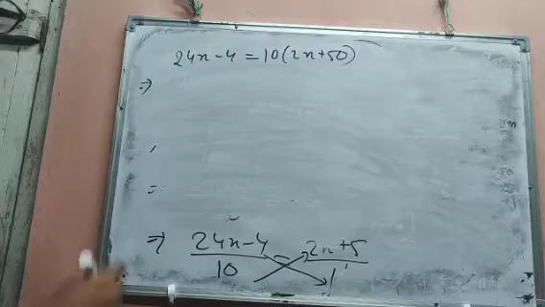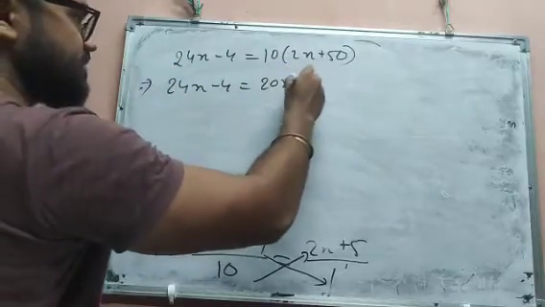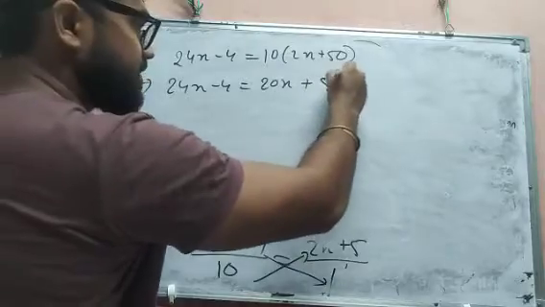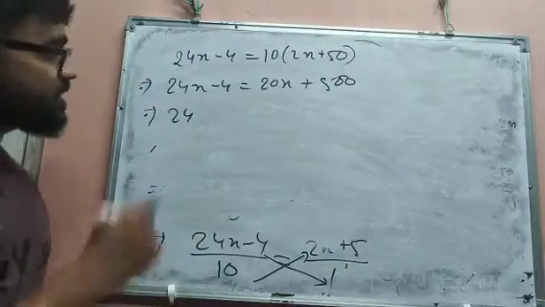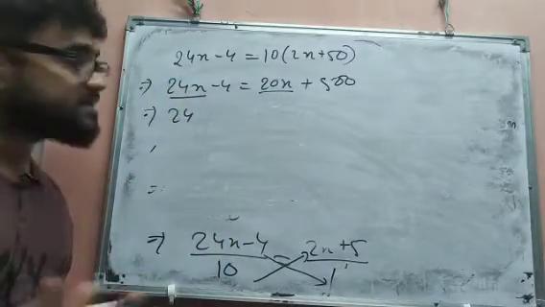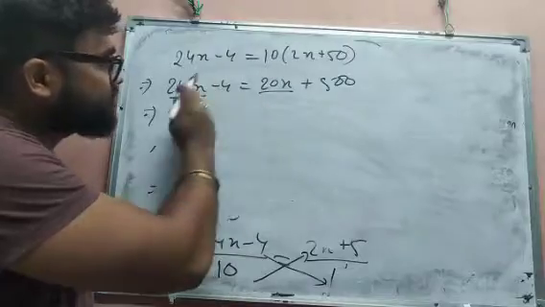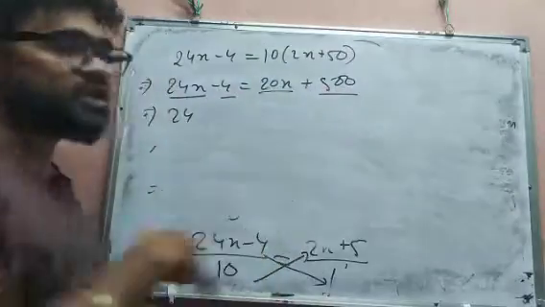So by doing the calculation, you will get 24x minus 4, and here it is 20x plus 500. Now very important part, this is x, this is x, right? So wherever we have the x, bring them to the same side, and wherever you have the numbers, bring them to the same side.